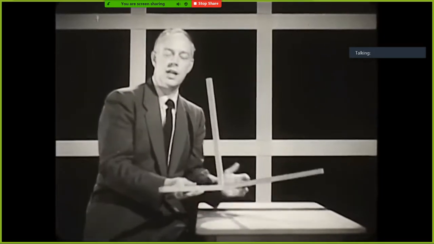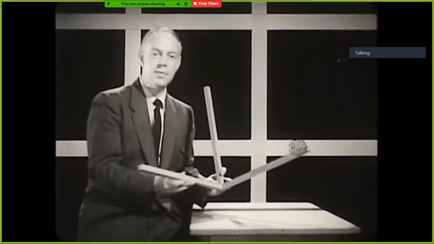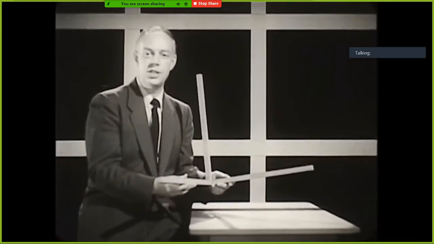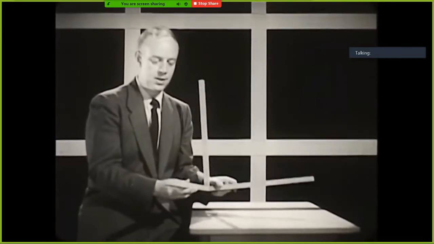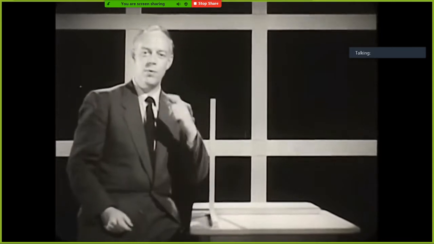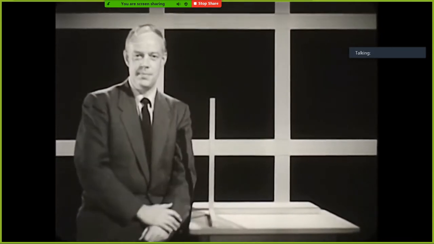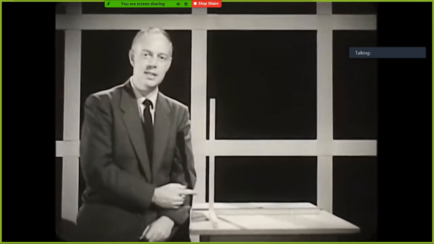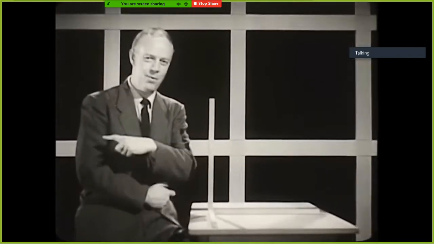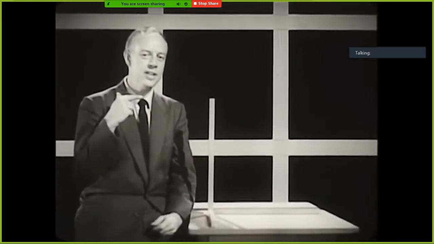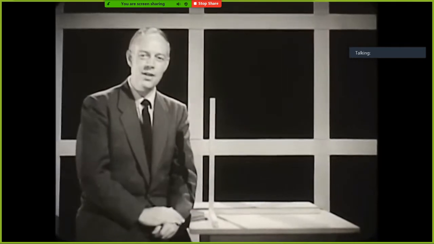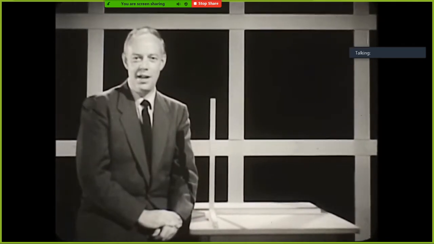This represents a frame of reference. Just 3 rods stuck together so that each is at right angles to the other 2. Now, I'm going to move in this direction. You see the frame at the same spot on your screen, but you know I'm moving this way because you see the wall moving this way behind me. But how do you know that I'm not standing still and the wall moving?